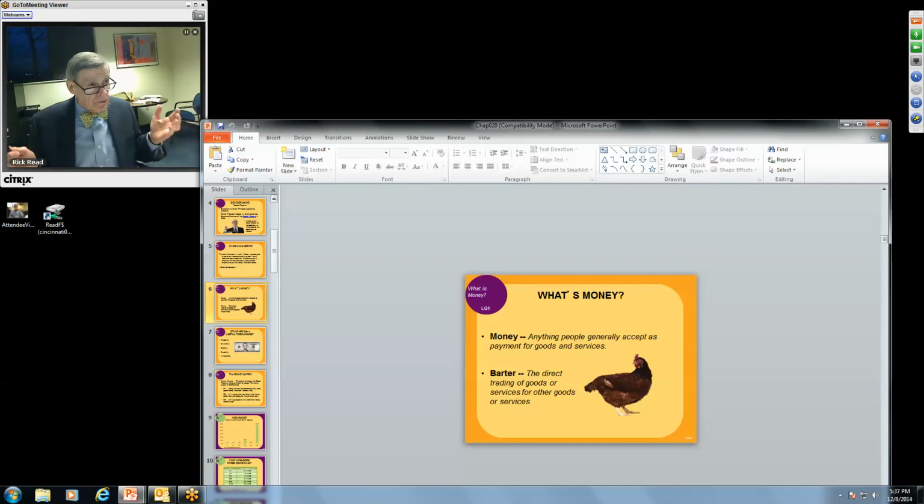Now, you notice the slide says here, it's anything that is generally accepted as payment for goods and services. Generally accepted. Now, there are things that are not accepted. For instance, in the 1600s in Holland, now known as the Netherlands, people bought and sold things and counted their worth in tulip bulbs.